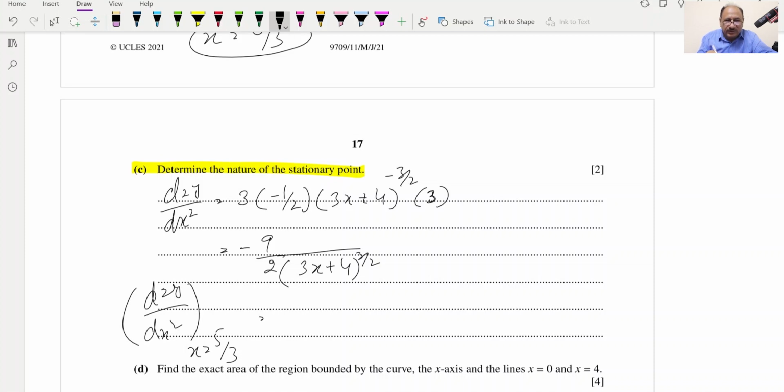So we will replace the value: minus 9 over 2 into 3 into 5 over 3 plus 4, whole raised to the power 3 by 2.